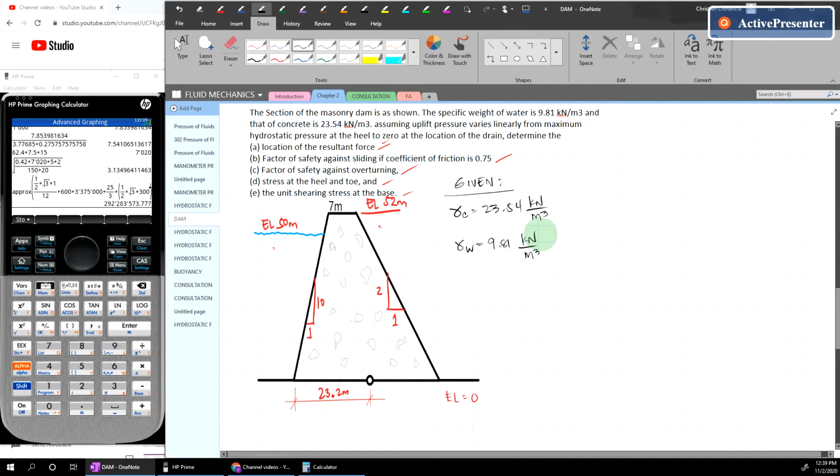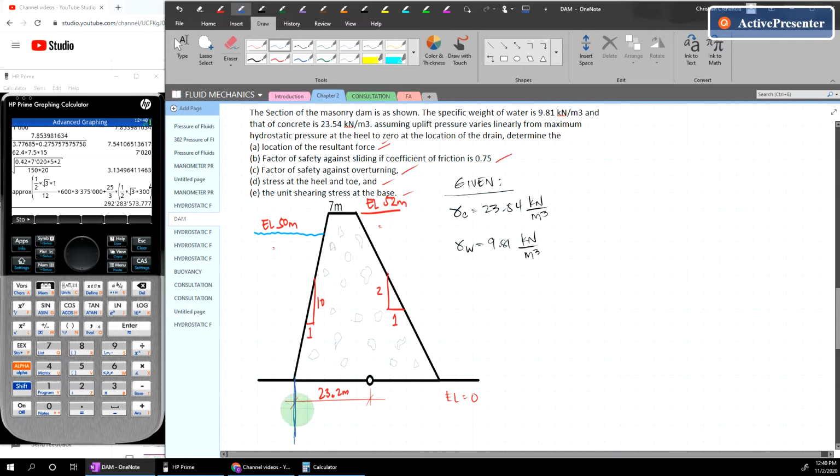Okay. And meron daw tayong hydrostatic pressure, maximum hydrostatic pressure at the heel to 0 at the location of the drain. So, dun sa derivation natin, yung hydrostatic uplift pressure natin varies from maximum.